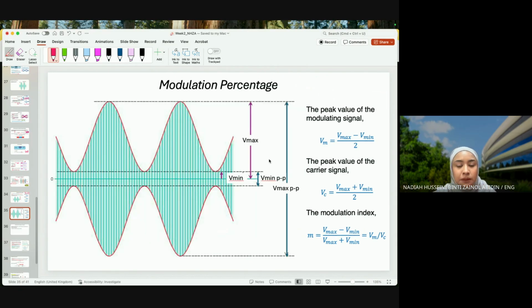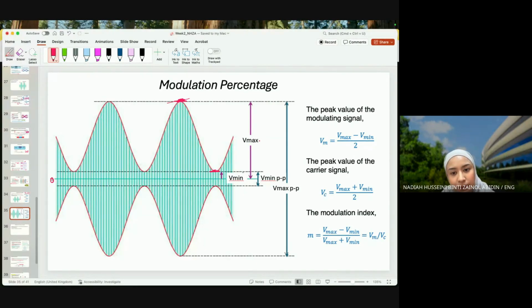Okay, I have a better picture. So this is Vmax. Okay, Vmax is from 0 to the maximum. And then we have Vmin, 0 to the dip. We're talking about the positive side only. 0 to the maximum peak, 0 to the dip.